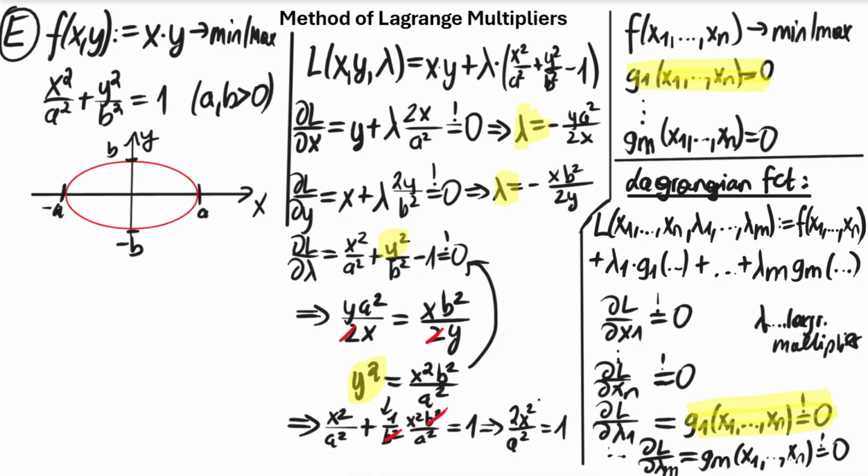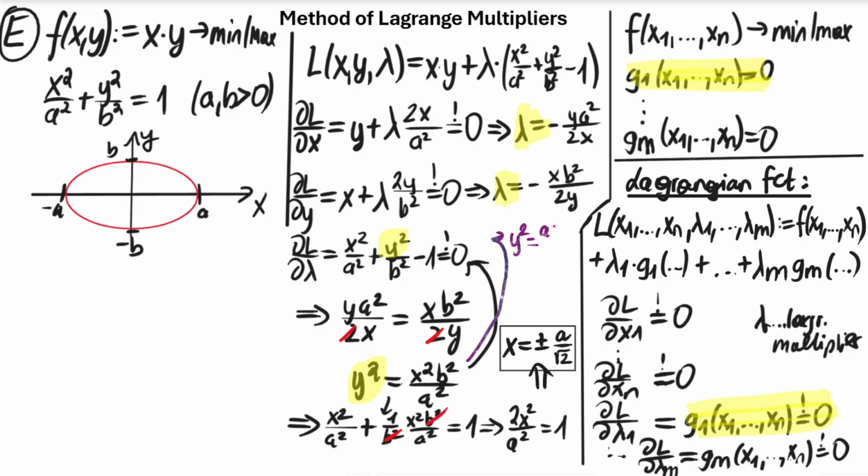And from this, you simply can compute what is the x value. So the x is then plus minus a divided by the square root of 2. Don't forget the plus minus here. And what does this mean now for the y? So for the y squared, you can use the x squared from below.